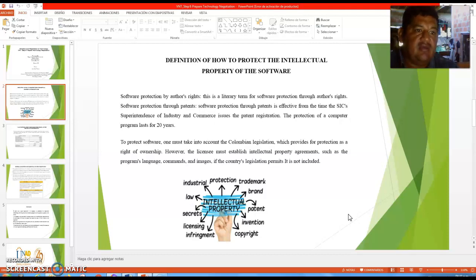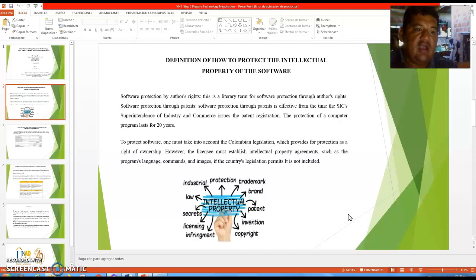Superintendence of Industry and Commerce, patent registration of protection of a computer program lasts for 20 years. To protect software, one must take into account the Colombian legislation, which provides for protecting a range of software.